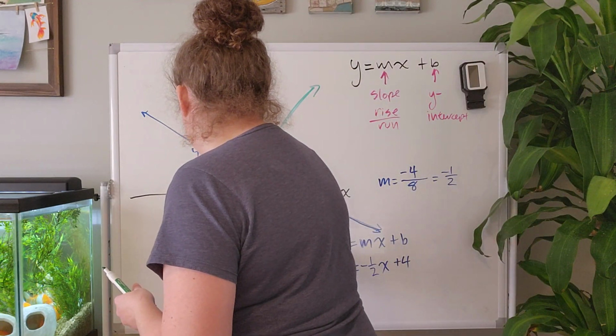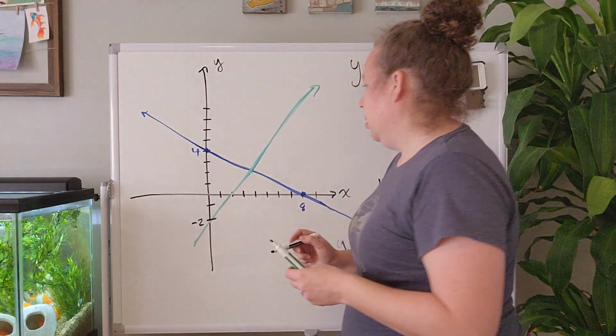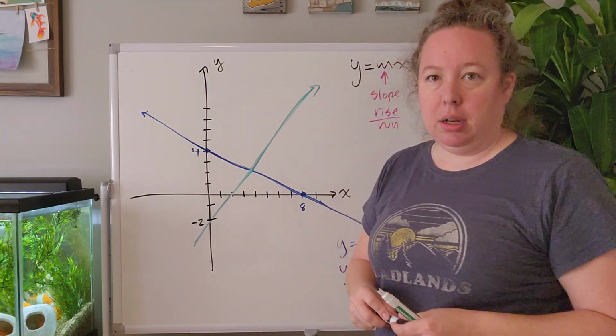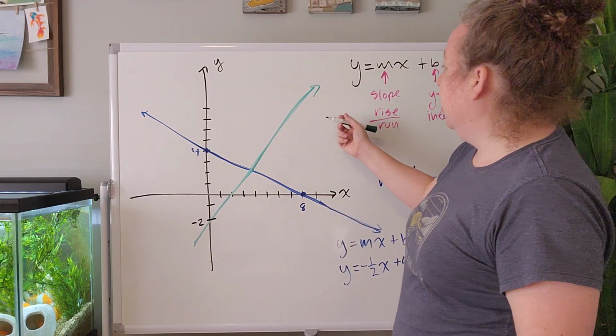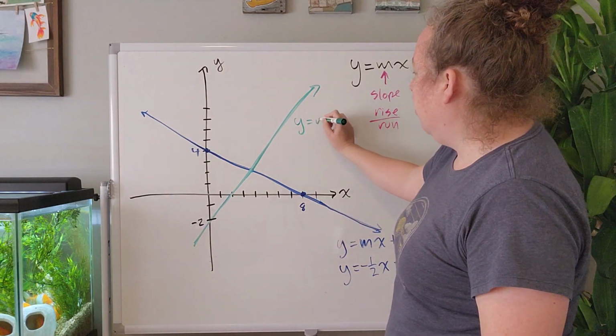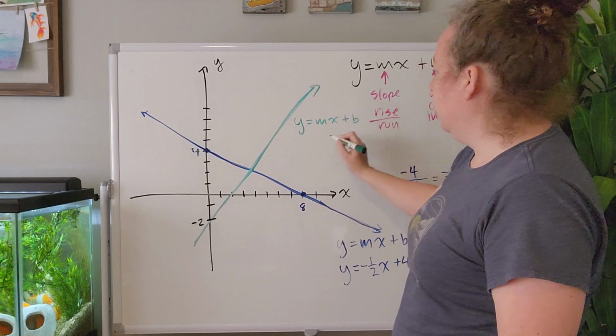I'm going to add some tick marks here so that I can see where this is crossing, and then we're going to do the whole thing over again. The form of the line, y equals mx plus b.